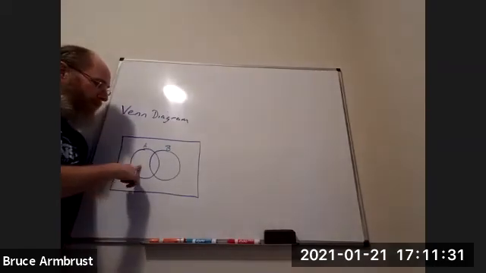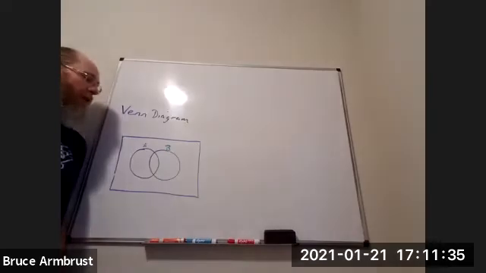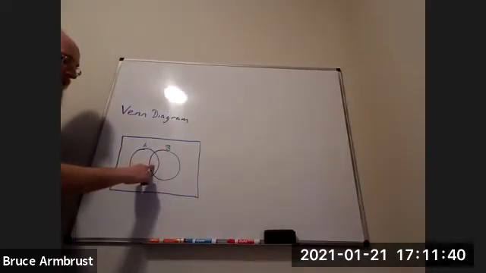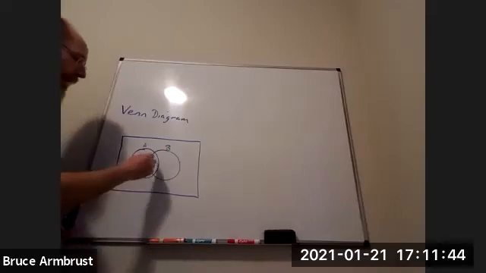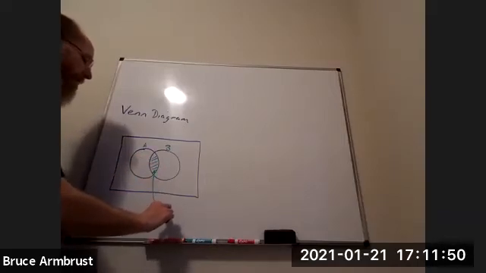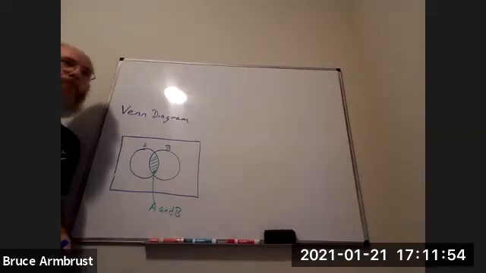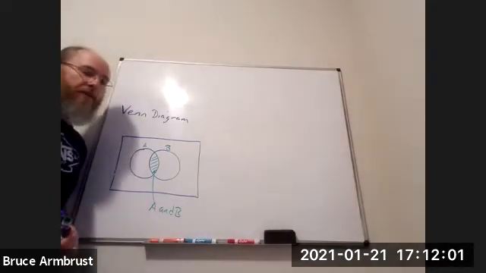They have to be in circle A and they have to be in circle B. And the only way they can do that is if they're in this region that's in between. So this overlapping region right here, that's actually A and B. So you can maybe start seeing how this can help you graphically.